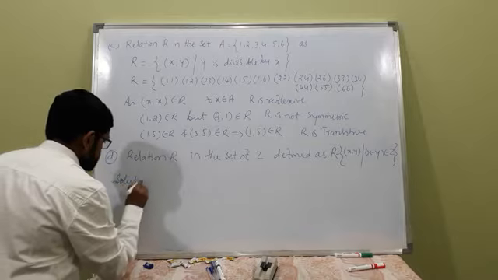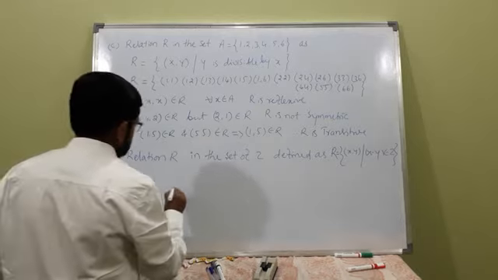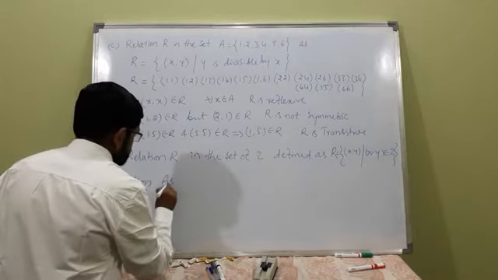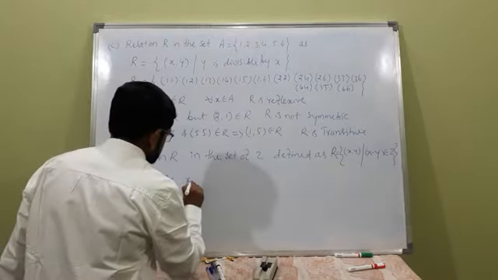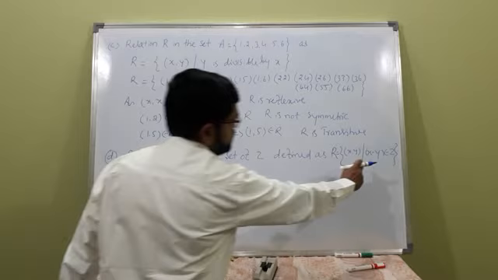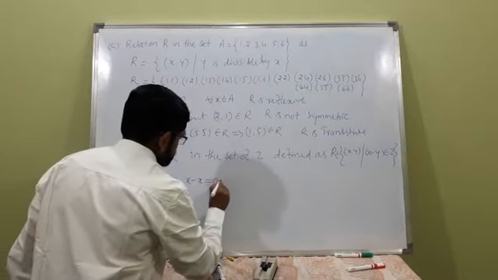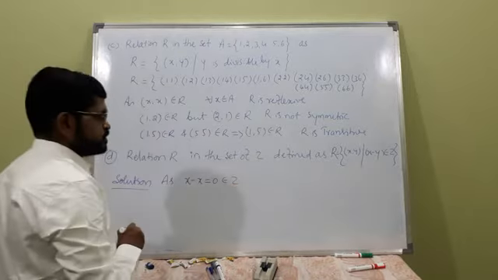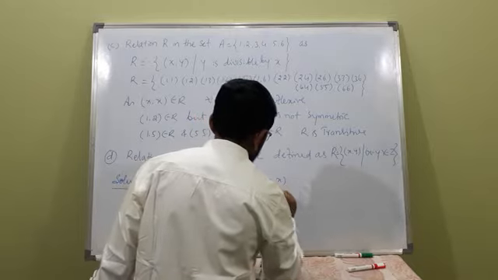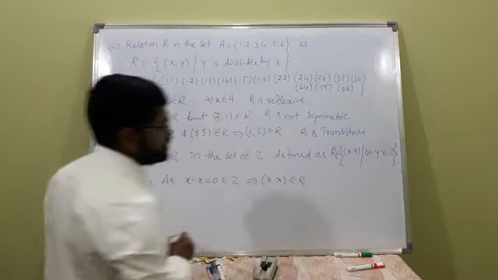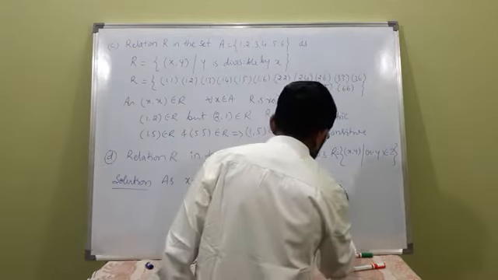Solution is: the relation definition is x minus y, and x minus x is equal to 0. This is also an integer. This implies (x,x) is an element of R. Therefore R is reflexive.